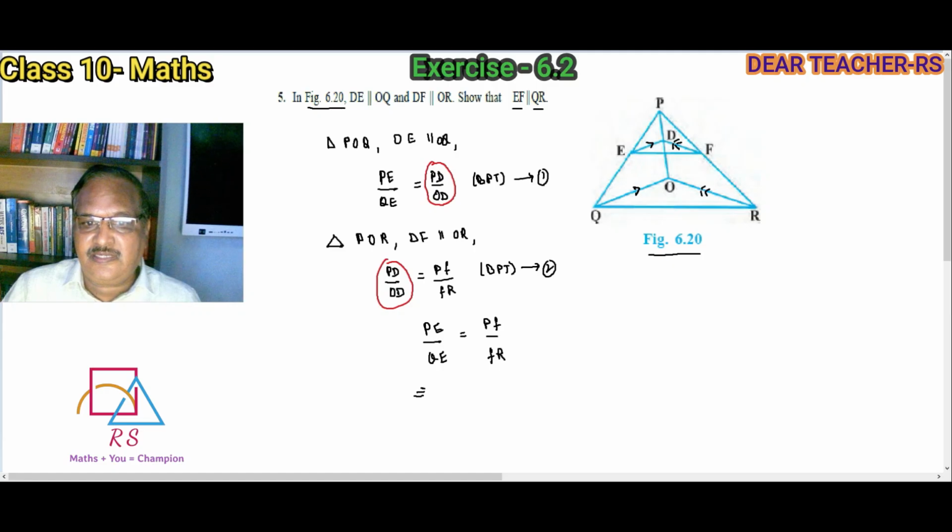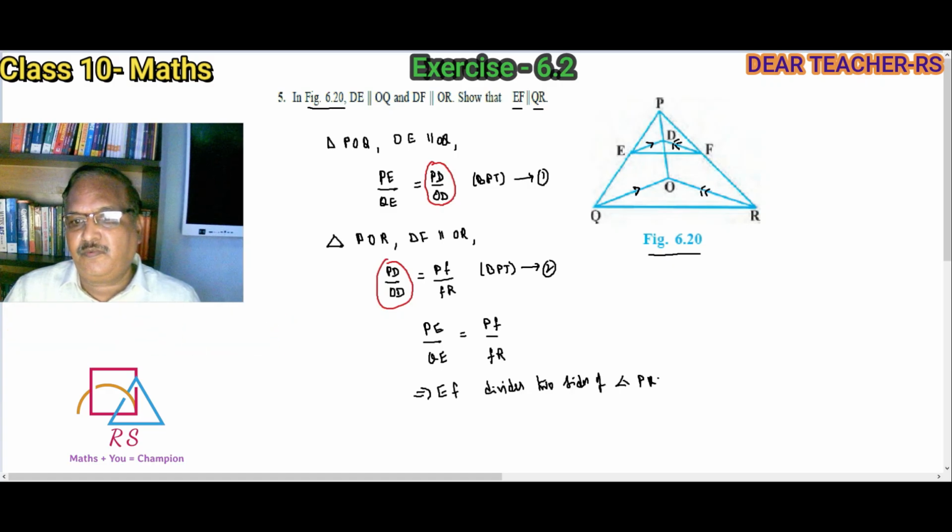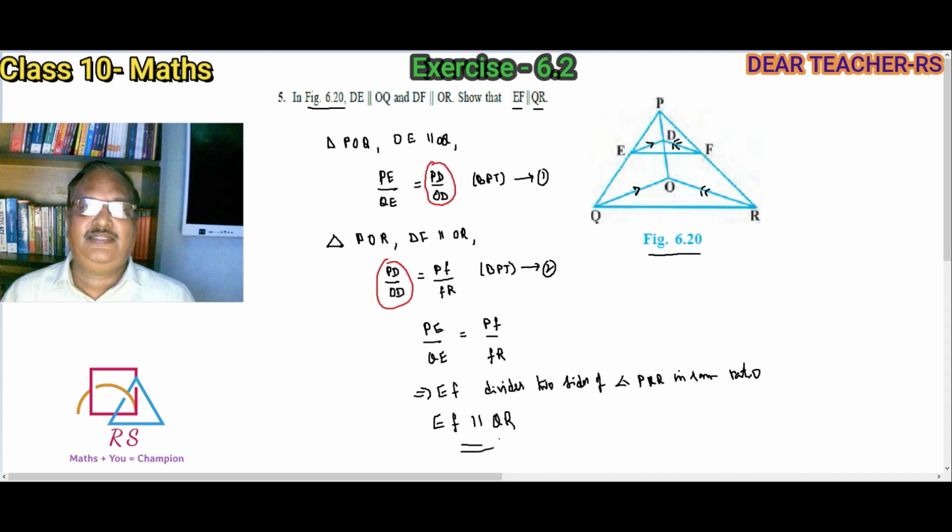That means the line EF divides 2 sides of triangle PQR in the same ratio or proportion. Therefore, by converse of the basic proportionality theorem, EF is parallel to QR. This is how the proof goes. So let us go to the next.